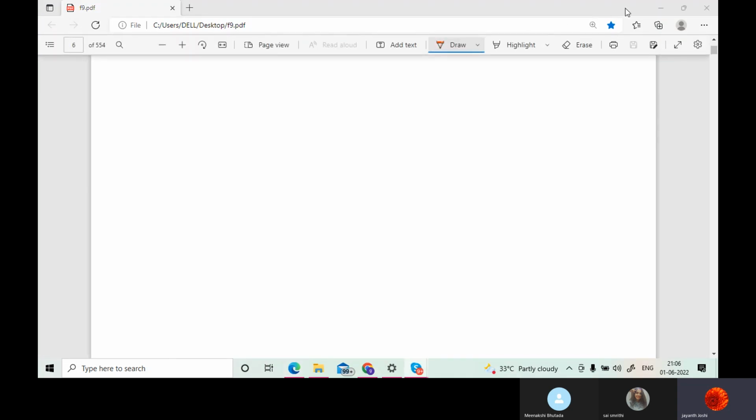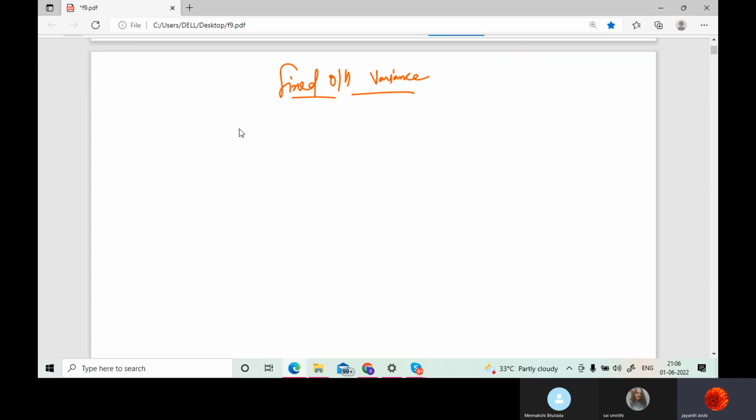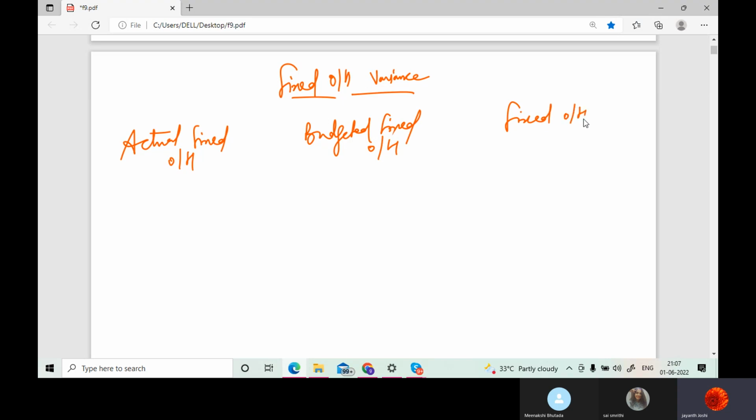So our topic today is to find out fixed overhead variance. So the fixed overhead variance formula is: actual fixed overhead, budgeted fixed overhead, fixed overhead applied.